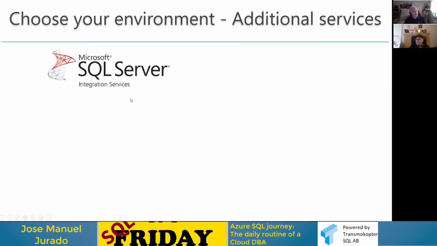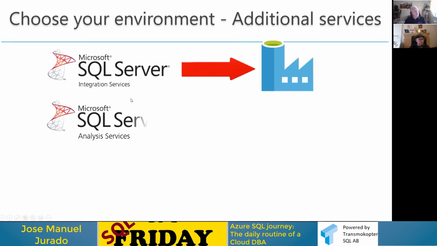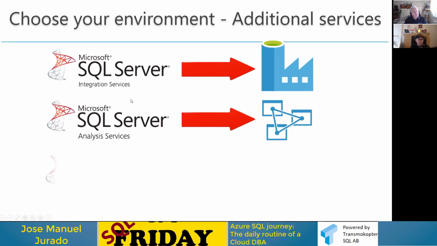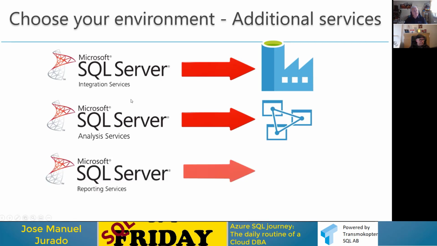So for this reason, it is very important when you move to Azure. The services that we used to install on premises are different right now. For example, if I want to run Integration Services, you need to use one thing that is called Azure Data Factory.